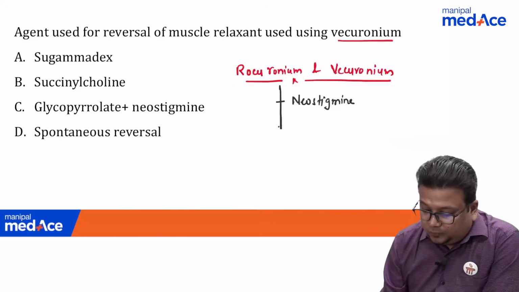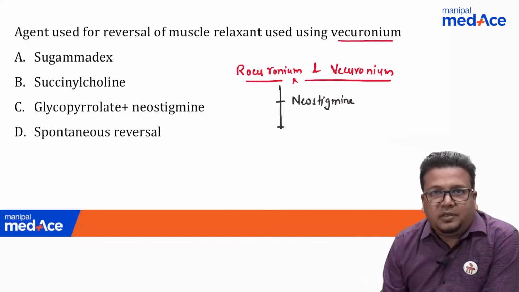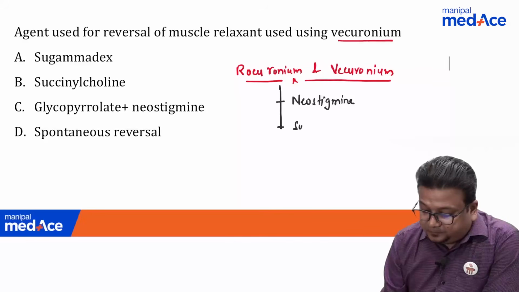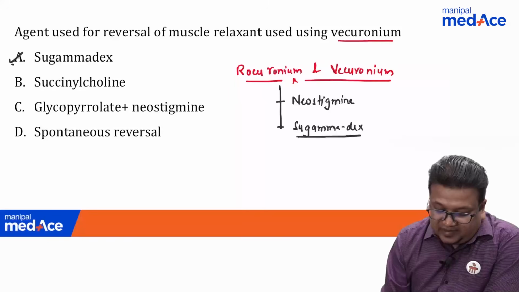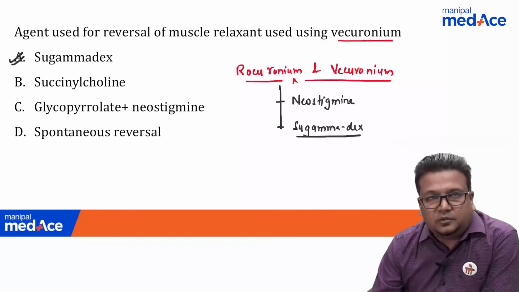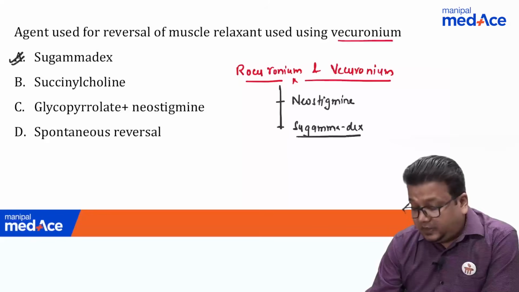So for these two, only these two, rocuronium and vecuronium, a specific reversal agent by the name Sugammadex was developed, and this question has been asked a couple of times. So sugammadex is a specific reversal agent only for rocuronium and vecuronium.